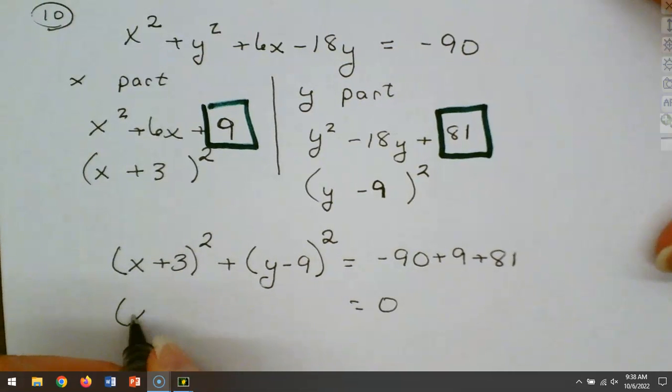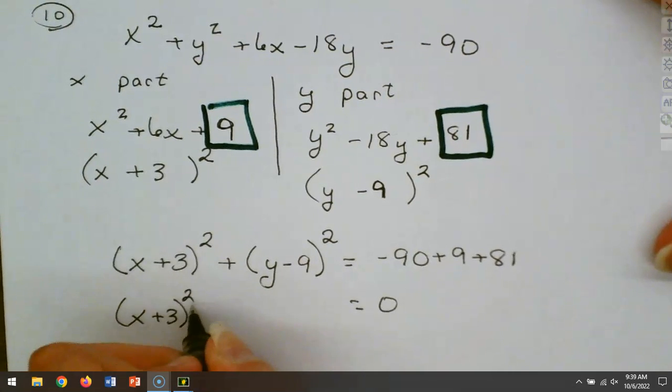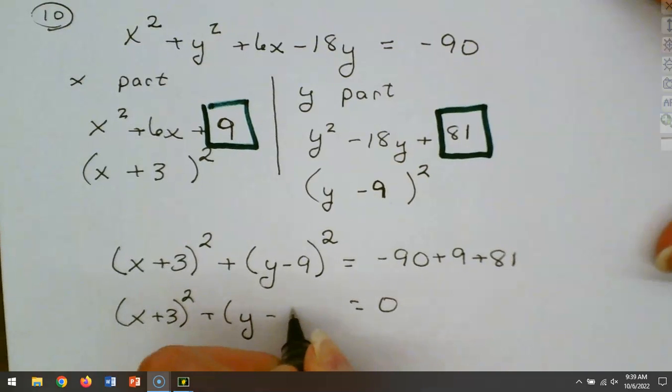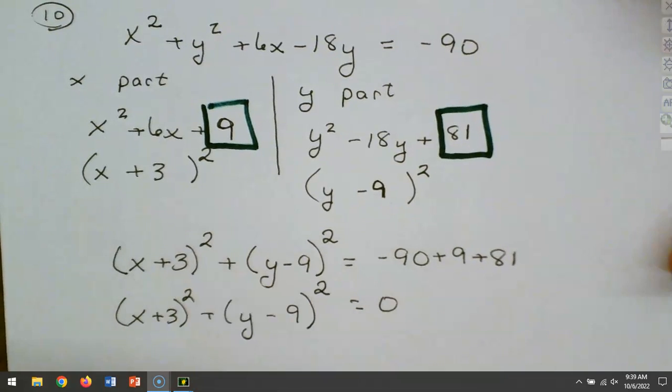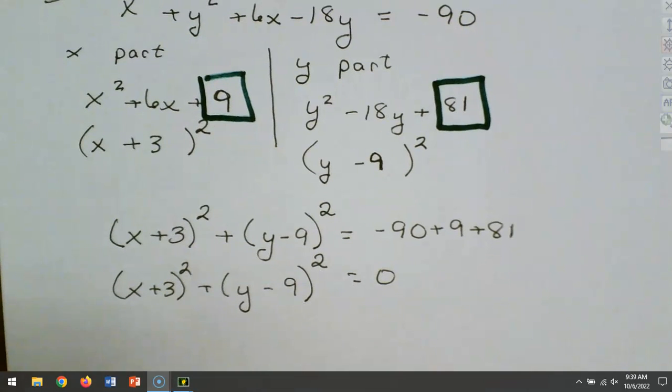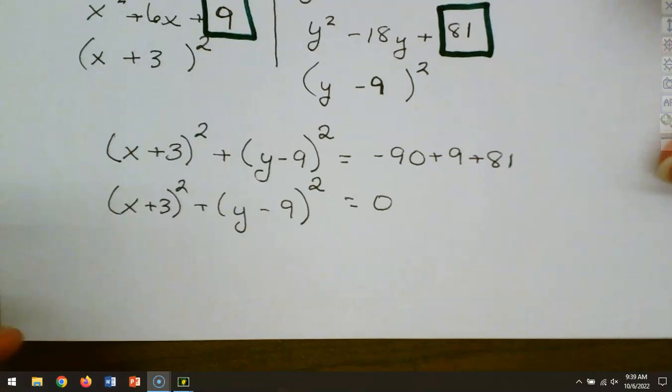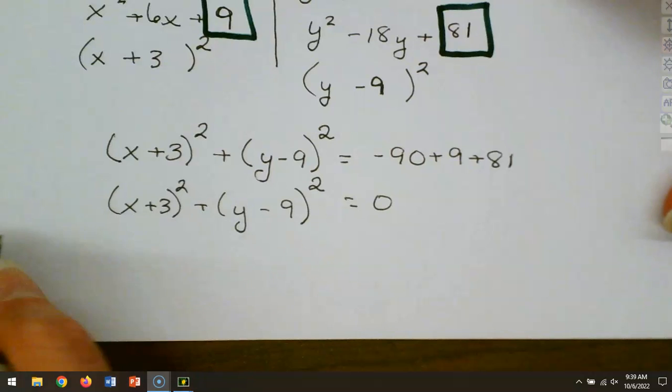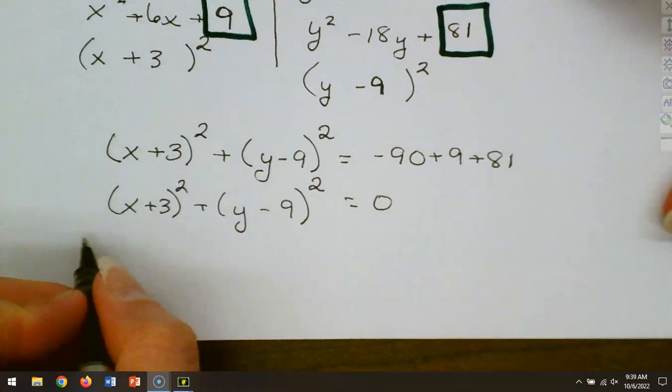So now that then makes the right-hand side equal 0, doesn't it? And if it's equaling 0, what do we know? Is this a circle anymore? No, it is not a circle. What is this? Okay, it's going to be the point. And what's the point? The center. So it is the point.